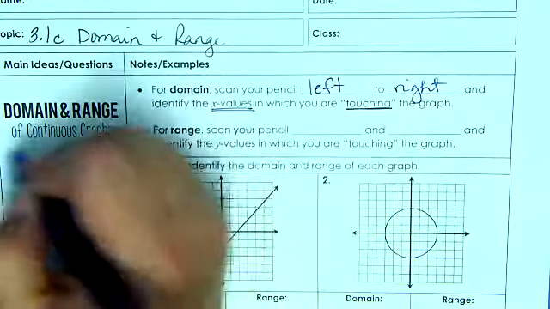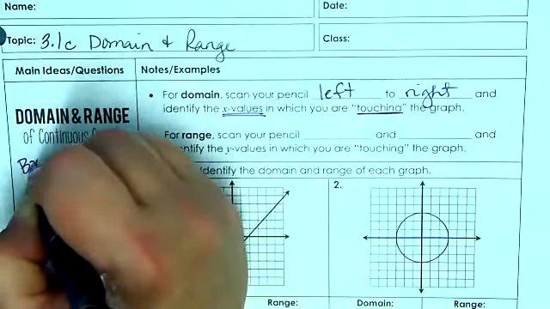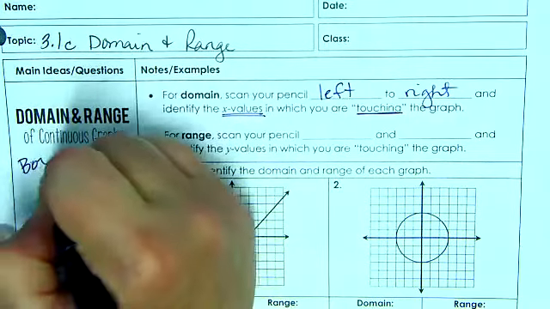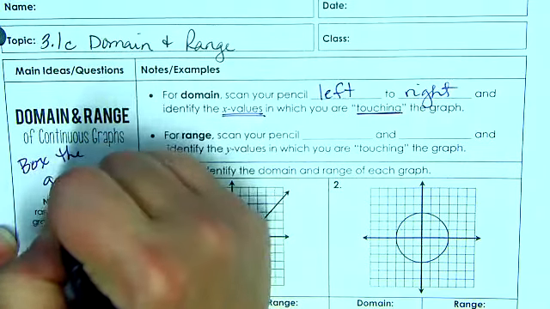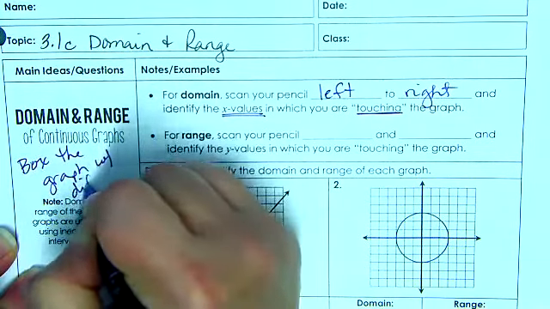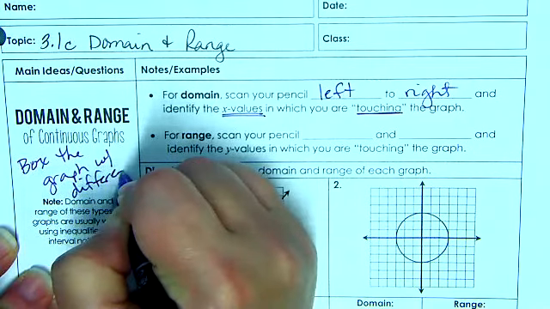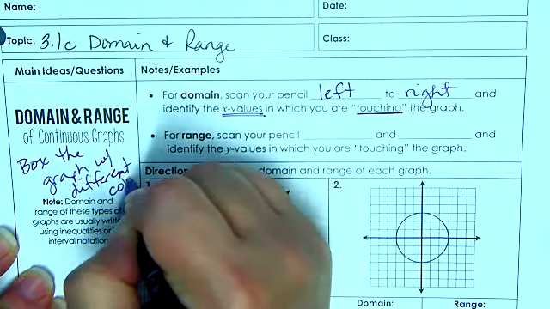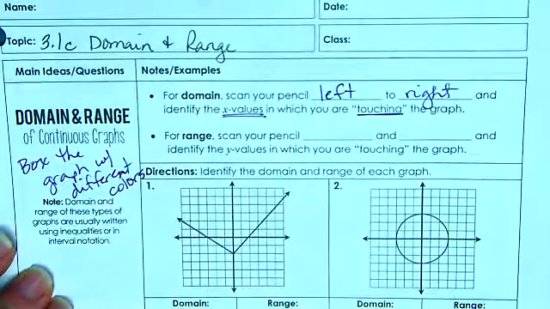My hint here is maybe box the graph with different colors. And I'm going to show you what that looks like.